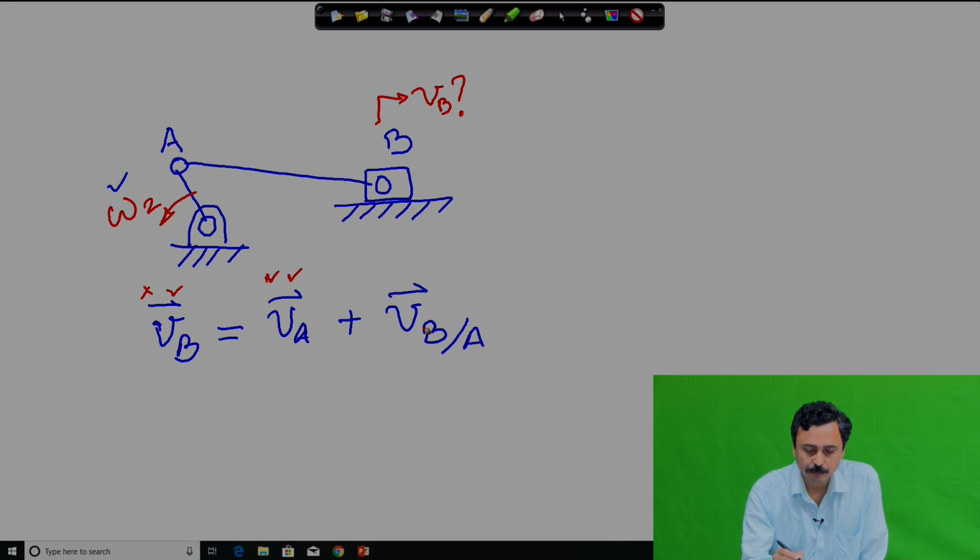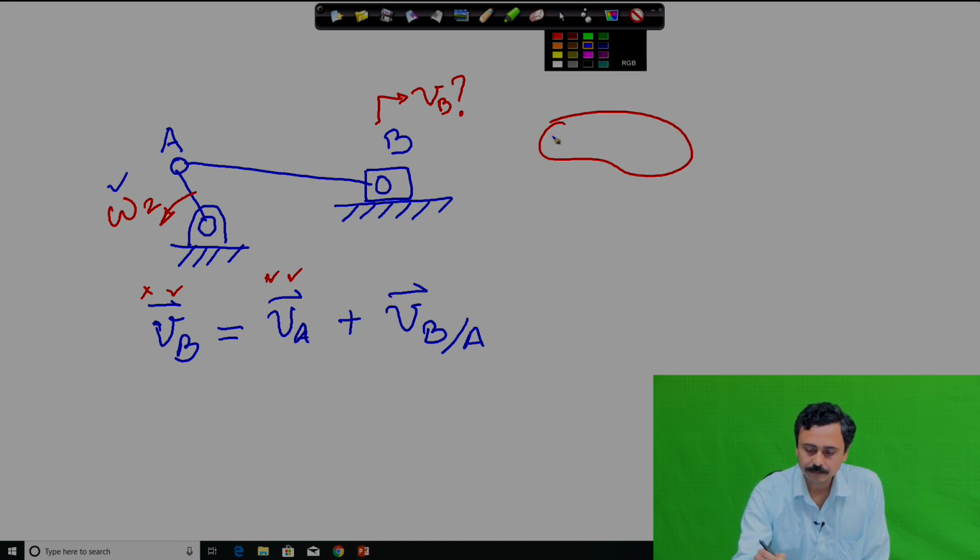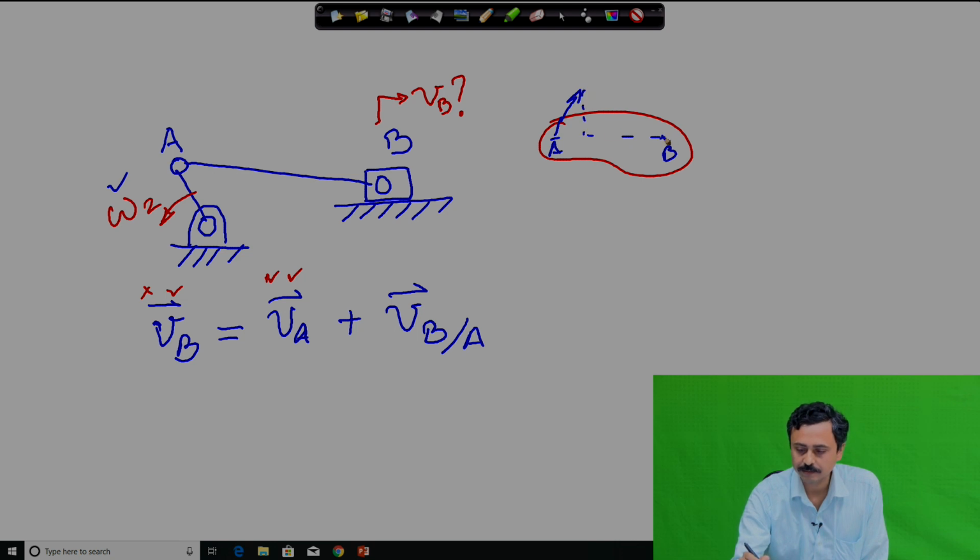and velocity of b relative to a, I know that it is going to be perpendicular to the connecting link a b. This we know, we had discussed this in a lecture, that for a rigid body the velocity of 2 points must be such that the projection along the line joining is the same.